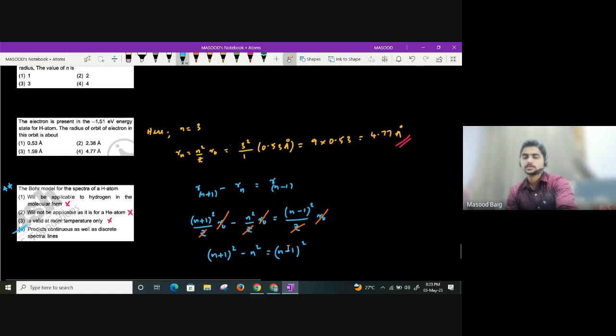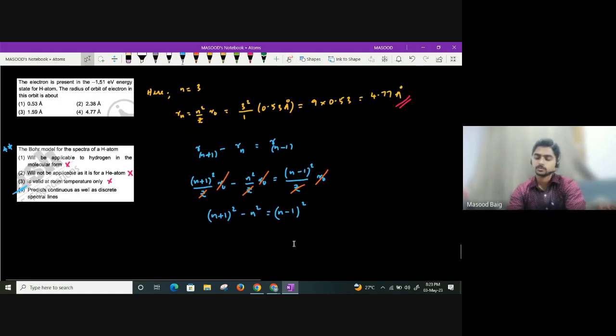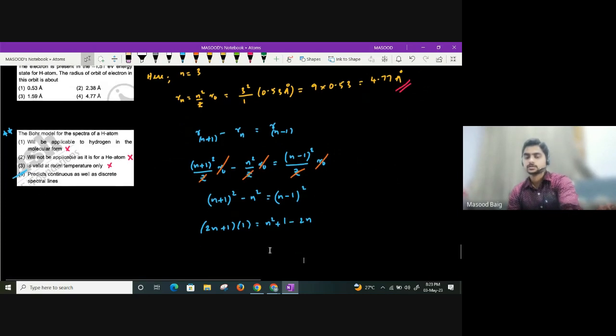So what will this turn out to be? It is in the form a square minus b square, or not? A square minus b square means I can write (a plus b), which I'll get as 2n plus 1, and (a minus b), which I'll get as 1, should be equal to (a minus b) whole square, so I can write it as a square plus b square minus 2ab. So what will this turn out to be, guys?